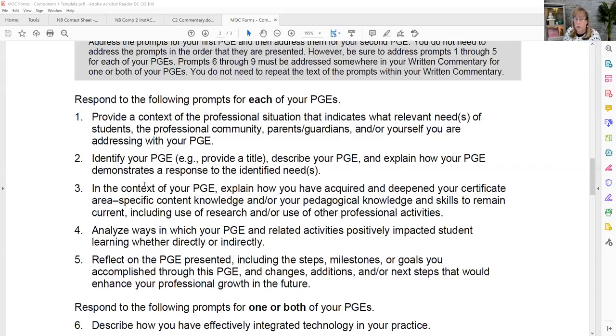Question number 2 says, identify your PGE, provide a title. Some people say no title needed, just provide a title. It really helps your assessor. Describe your PGE and explain how your PGE demonstrates a response to identified needs.